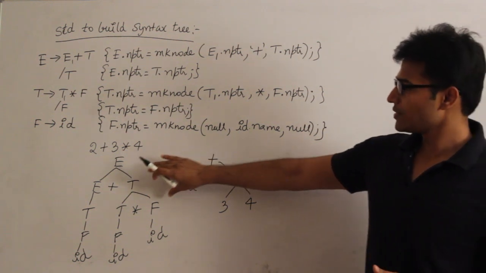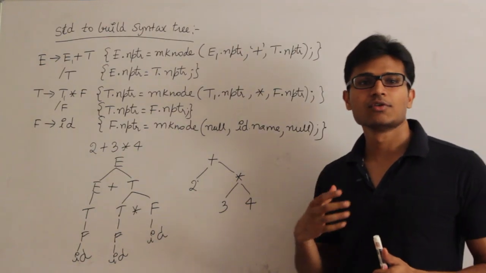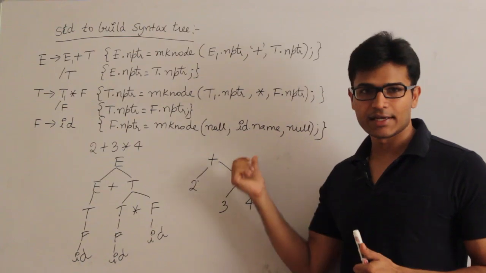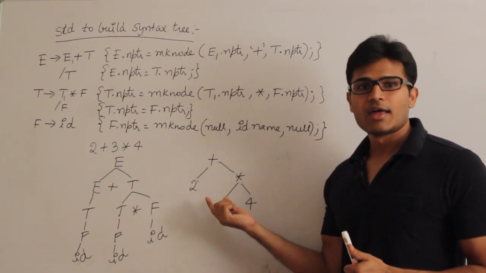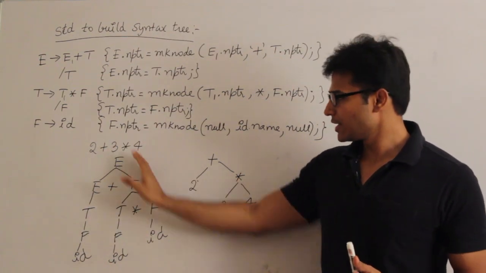This is also the representation of a tree, but it is abstract, which means it doesn't show you the details about the variables. If I represent only the terminals and still construct a parse tree, this is called an abstract parse tree, and the other is the concrete parse tree because it represents everything.